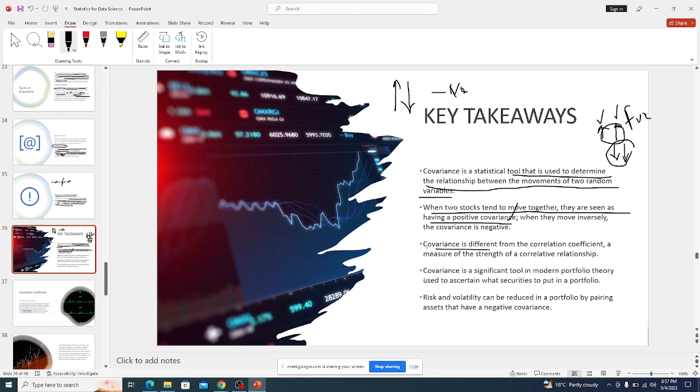Covariance is different from the correlation coefficient, which is a measure of the strength of the correlative relationship. Covariance is a significant tool in modern portfolio theory, as it is used to ascertain which securities to put in a portfolio. Risk and volatility can be reduced in a portfolio by pairing assets that have negative covariance.